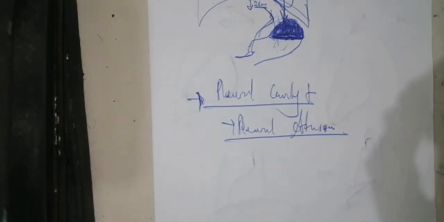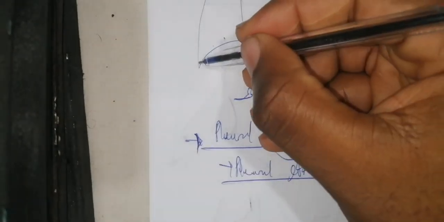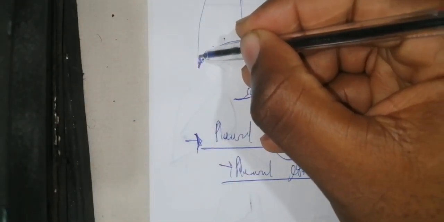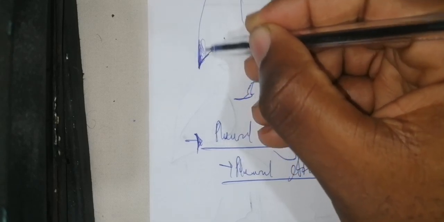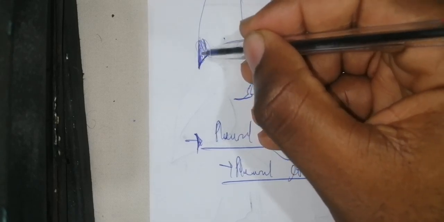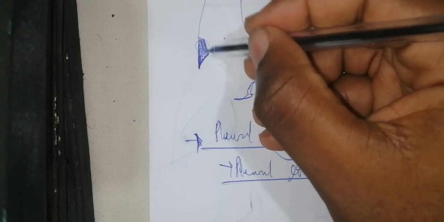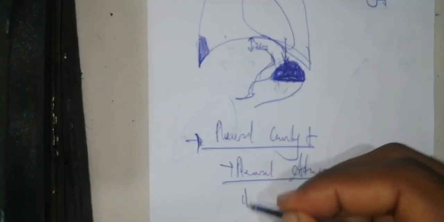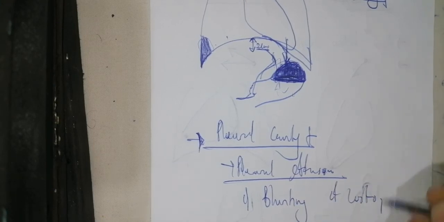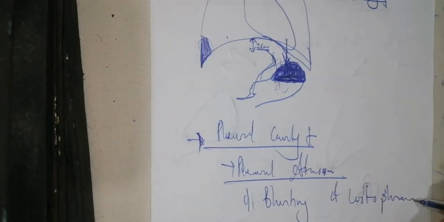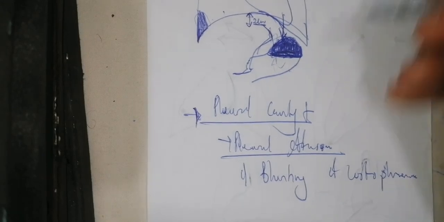When you have pleural effusion, meaning that there's only liquid, you are going to have blunting of the costophrenic angle, meaning that you are not going to see this sharp costophrenic angle. You are going to see a whitish opacity at the level of the costophrenic angle. That's the first sign: blunting of the costophrenic angle.